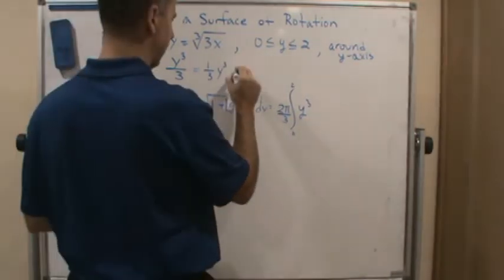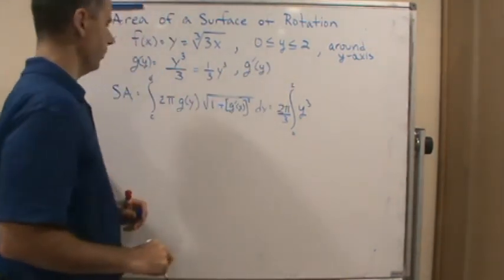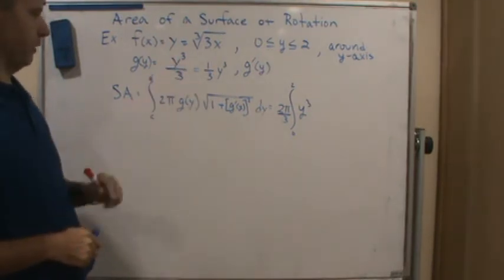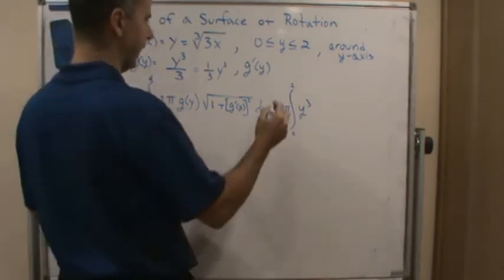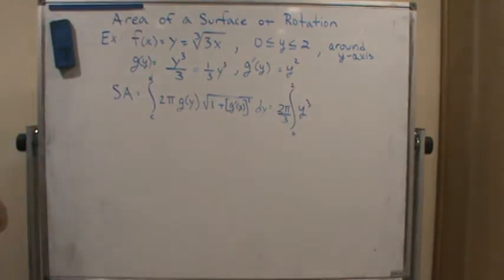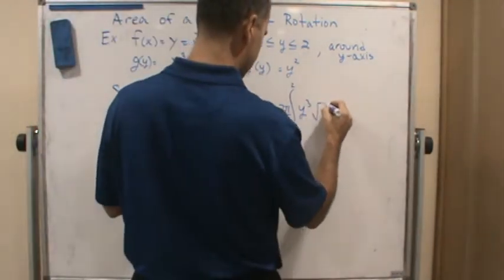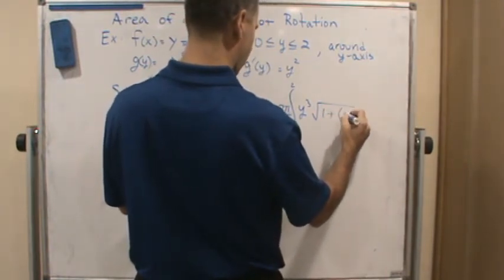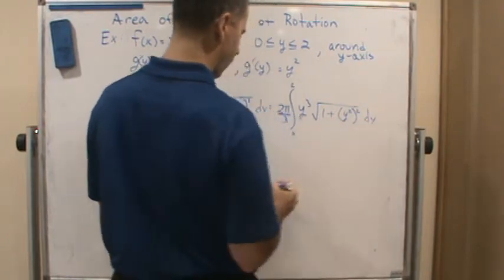Well, let's find out. Again, you take the derivative, right? So that's going to drop the 3 down, it's going to cancel with the 3, and I get y squared. So now I'm going to add the last piece, which is 1 plus the quantity y squared, quantity squared, dy.